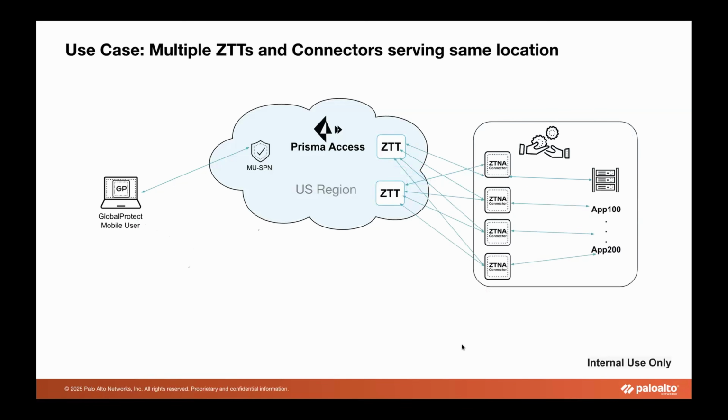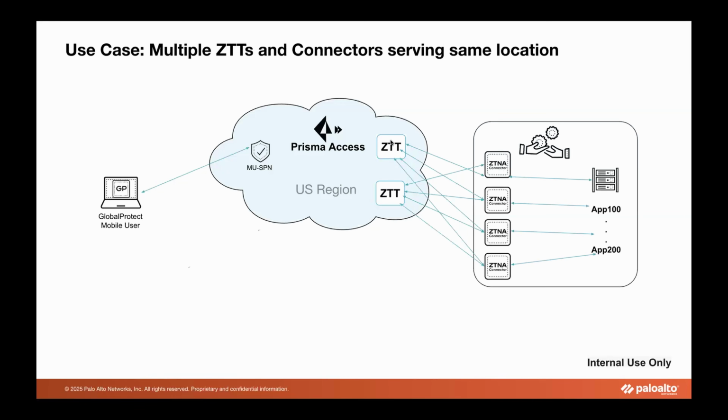Moving forward, again, just for your understanding, we also have a scenario where you can have multiple ZTTs and multiple ZTNA connectors serving the same location. So just to give you an idea, as I mentioned, 4 ZTNA connectors can be in one ZTNA connector group, and those connect to the ZTNA tunnel terminators, which are spun up automatically once the ZTNA connectors come up.